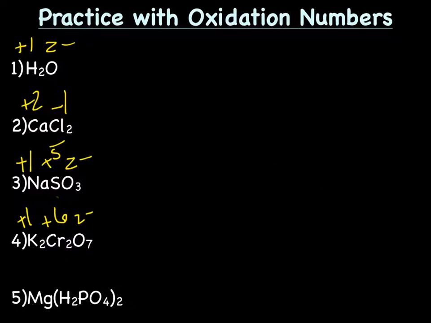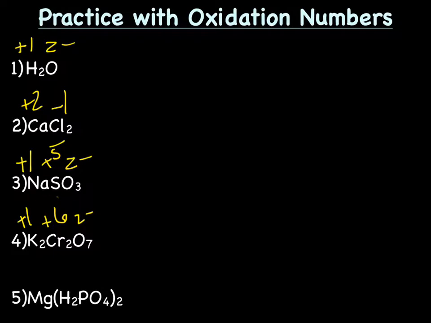Okay, for the last one, Mg(H2PO4)2, I'd again like you to hit pause and see how you do, and then hit play. But I want to remind you that since we have this parentheses 2, when we're figuring out the total number of positives and negatives, that 2 distributes.